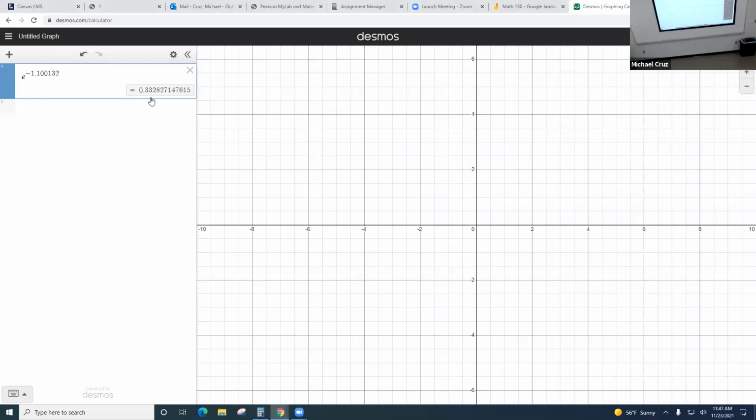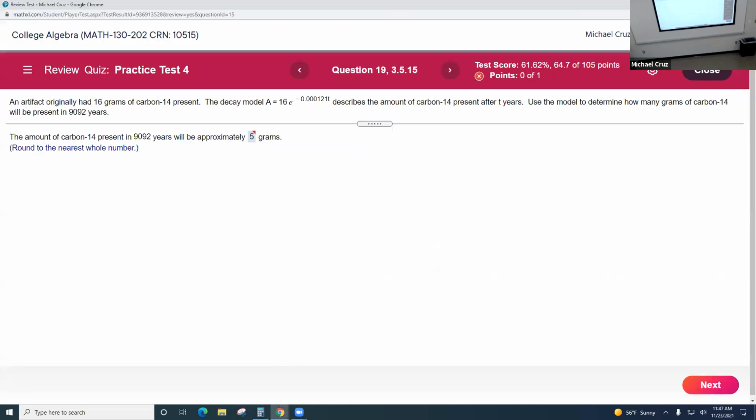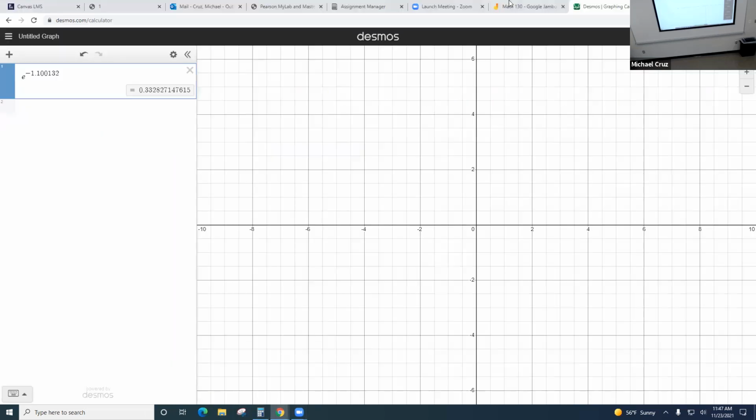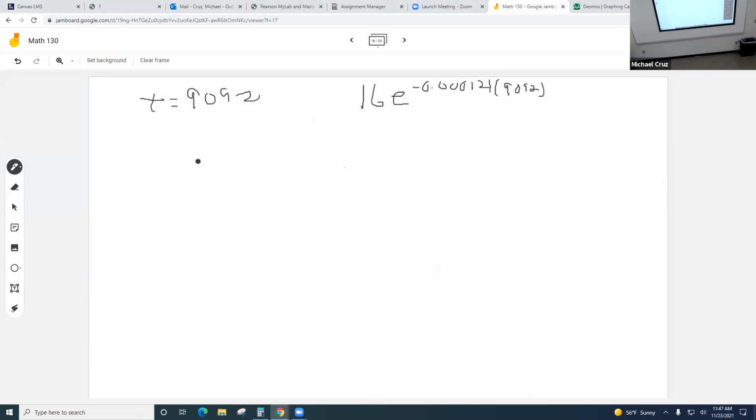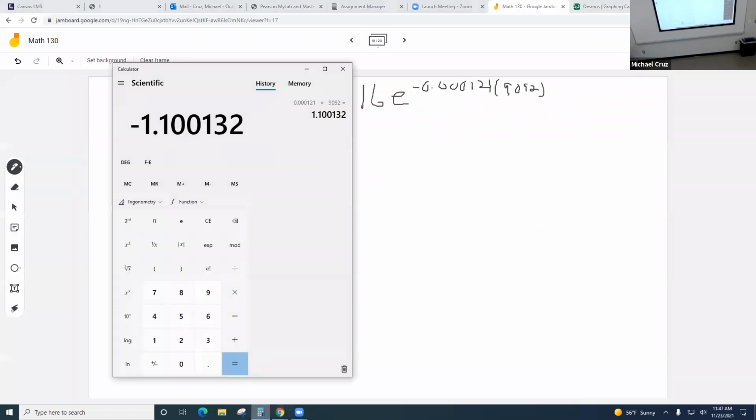All right, that's it. So it comes out to 0.33. So 0.33 grams. Wait a minute, hold on. What did I do?